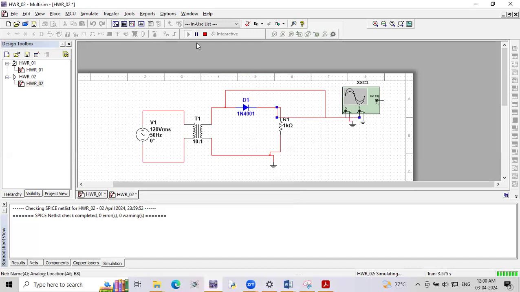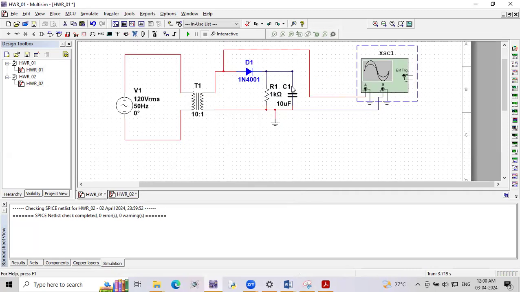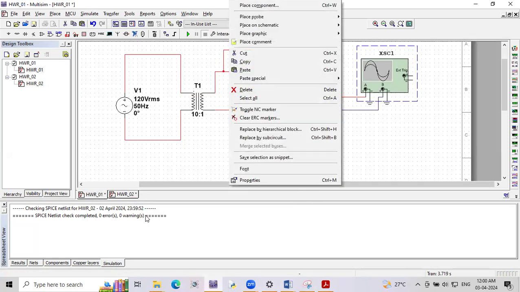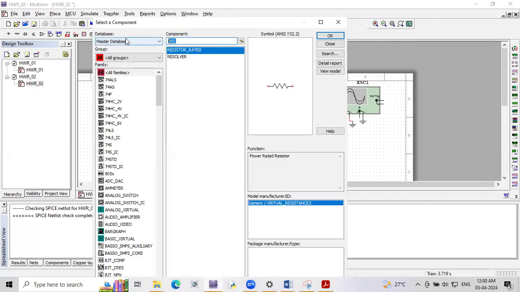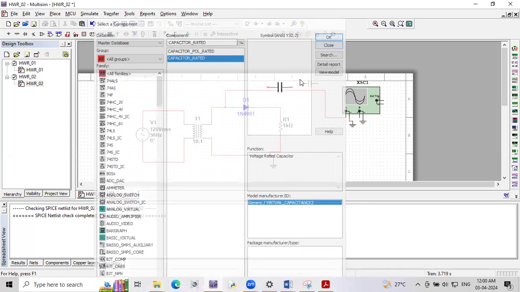Now I'm going to connect one capacitor across the resistor like this. In order to get pure DC, you need to select the rated capacitor.